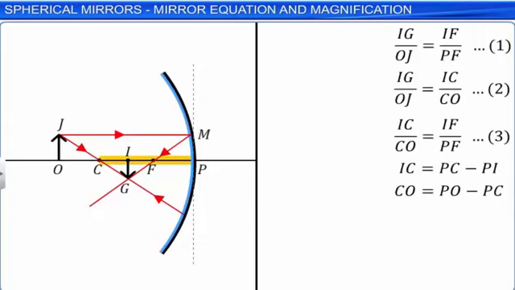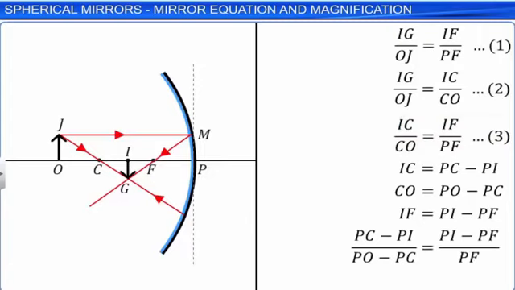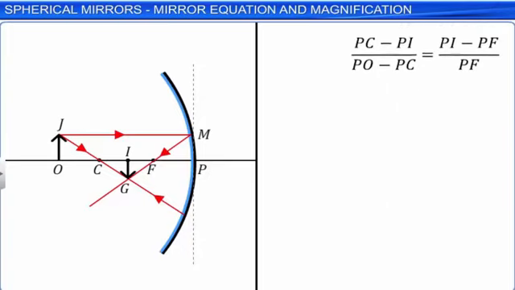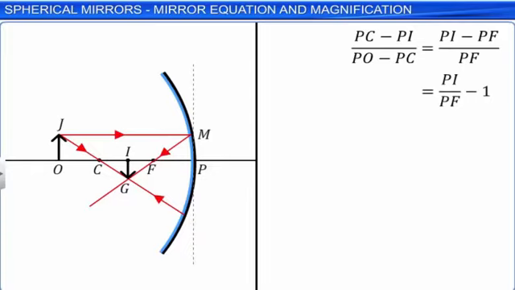Substituting these values in equation 3, we get PC minus PI whole divided by PO minus PC is equal to PI minus PF whole divided by PF, which is equal to PI by PF minus 1. On simplification, we get PI by PF is equal to PO minus PI whole divided by PO minus PC. Let this be equation 4.